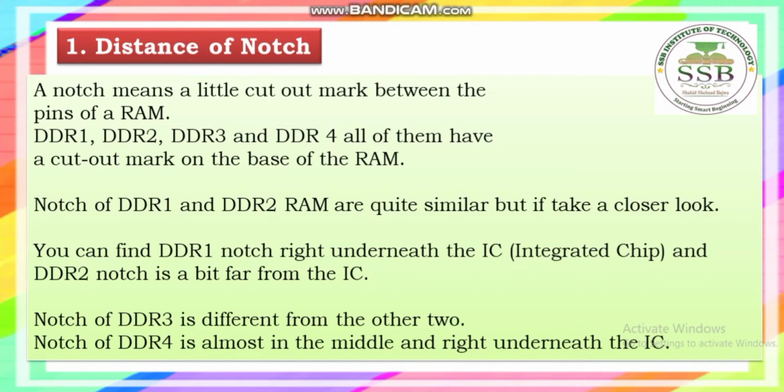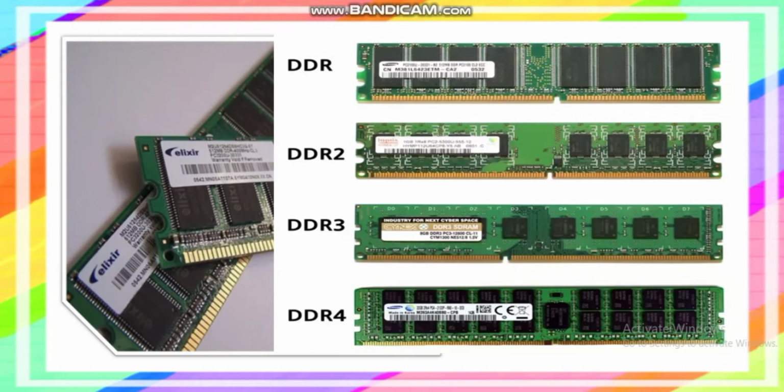Second, the notch of DDR3 is different from the other two. Means from DDR1 and DDR2, the notch of DDR3 is different. The notch of DDR4 is almost in the middle and right underneath the IC. How? Let's see. This is a clear diagram for DDR1, DDR2, DDR3 and DDR4.